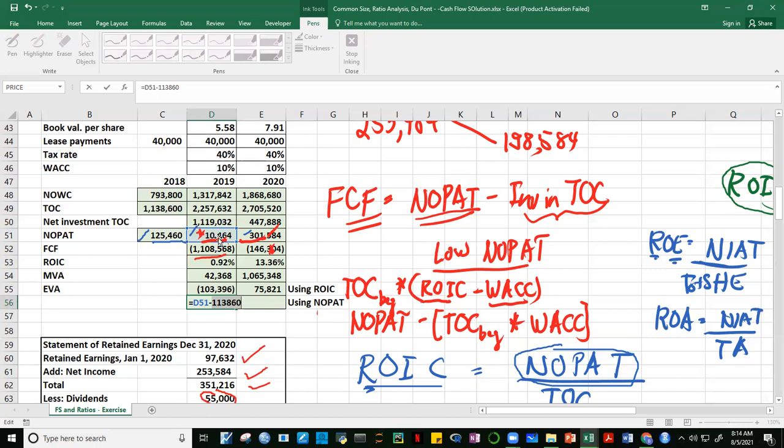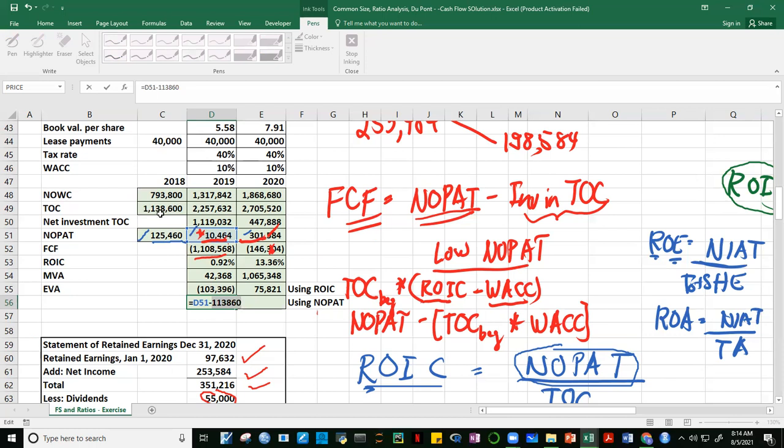Kasi NOPAT was not sufficient in order to address or to compensate for the capital charge of the beginning capital multiplied by the 10%. Think of this as parang investment to ng shareholders at saka creditors. Investment to. Okay, so ang ginagamit natin na rate is 10% kasi that's the weighted average cost of capital.